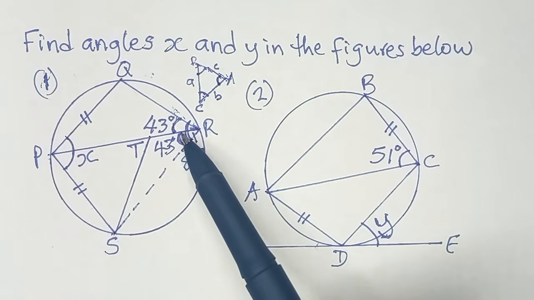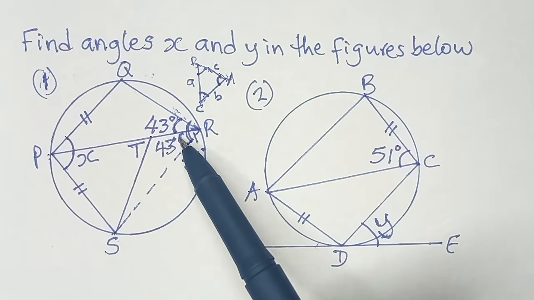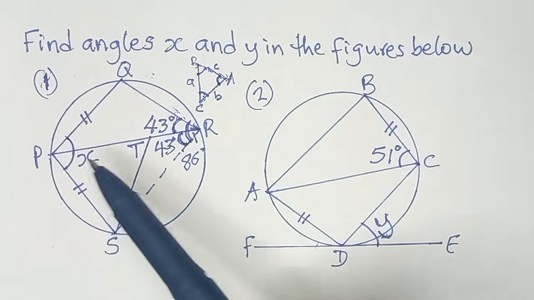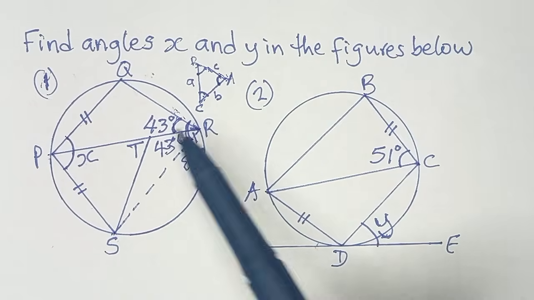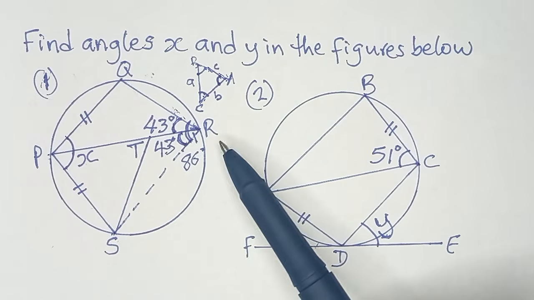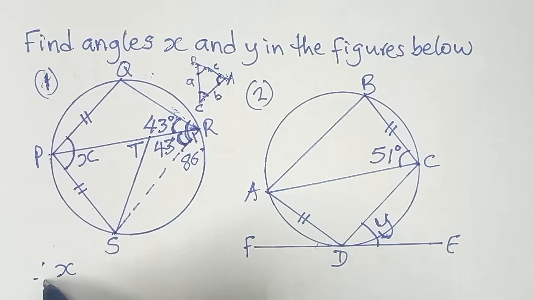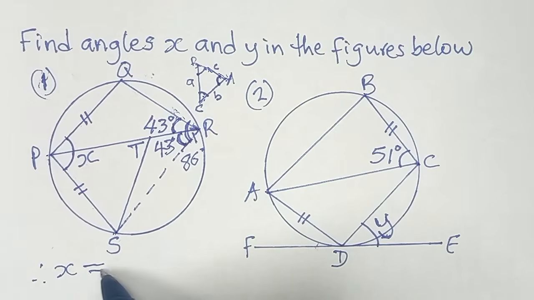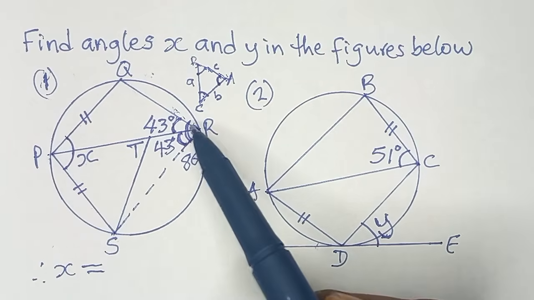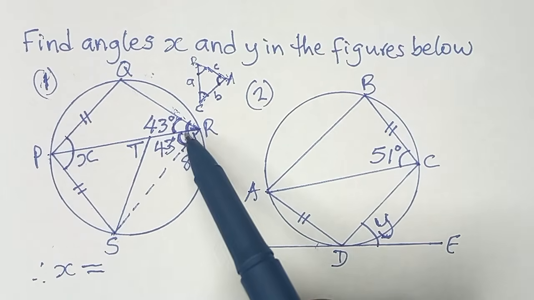The opposite angles of a cyclic quadrilateral are supplementary, meaning that when you add them together, it will give you 180 degrees. So I can simply conclude and say, therefore, angle X plus 86 will sum up to 180 because they are supplementary angles.